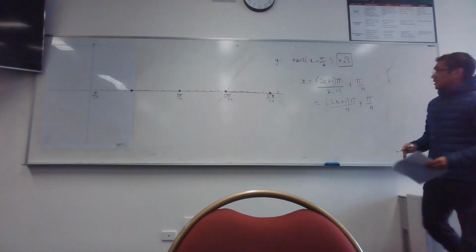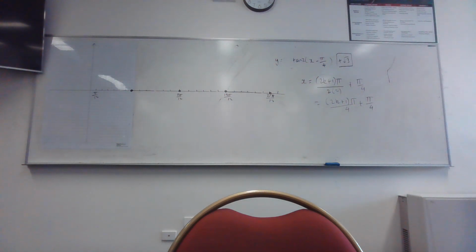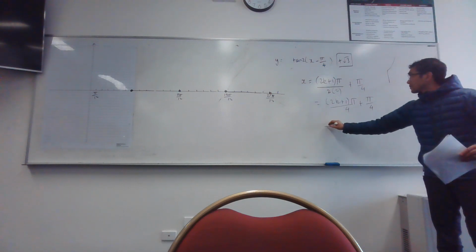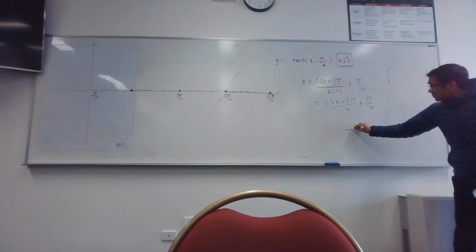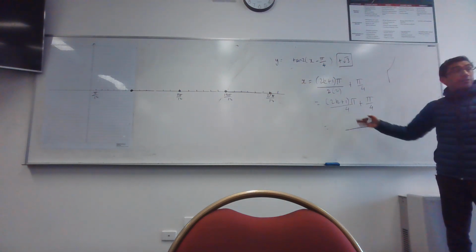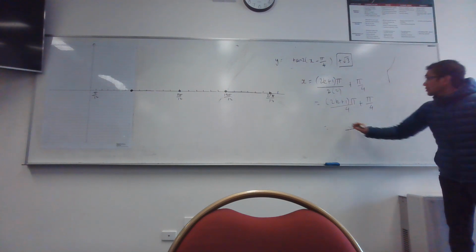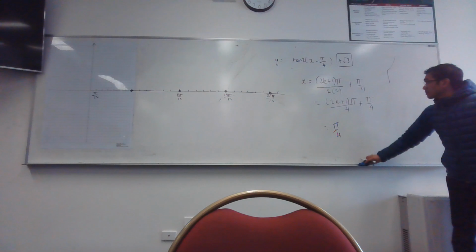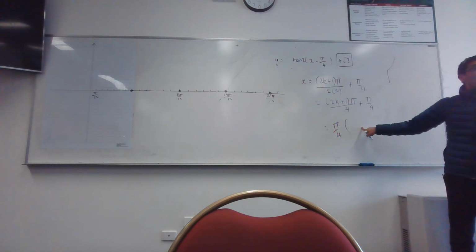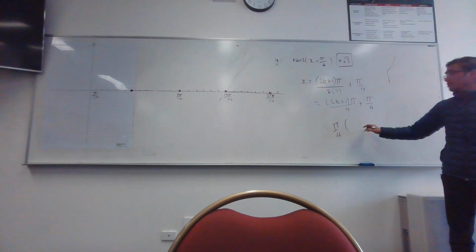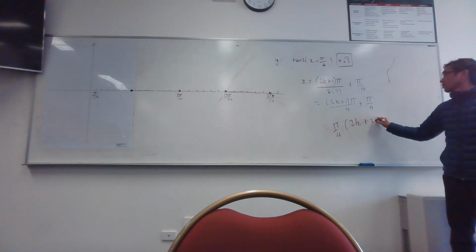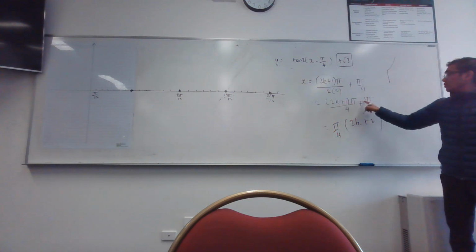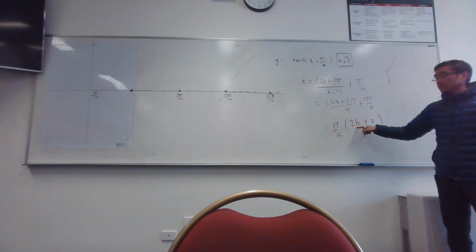So we've got that happening there. Therefore, if I want to put them together, I can factor out the pi on 4. What goes in the bracket? 2k plus 2, because that's a 1. 1 and 1 make the 2 with the 2k.